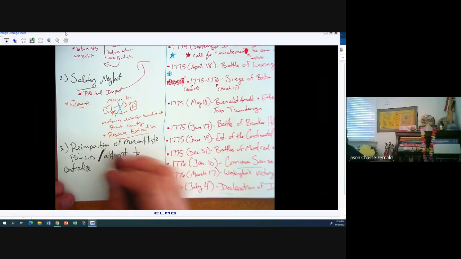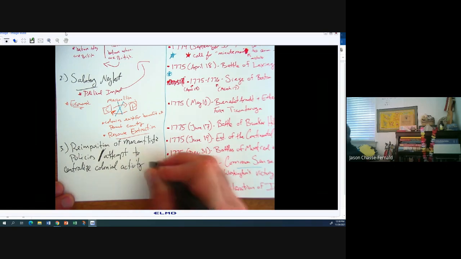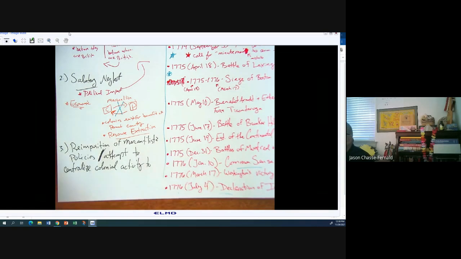To centralize colonial activity, right over to Leadenhall Street.